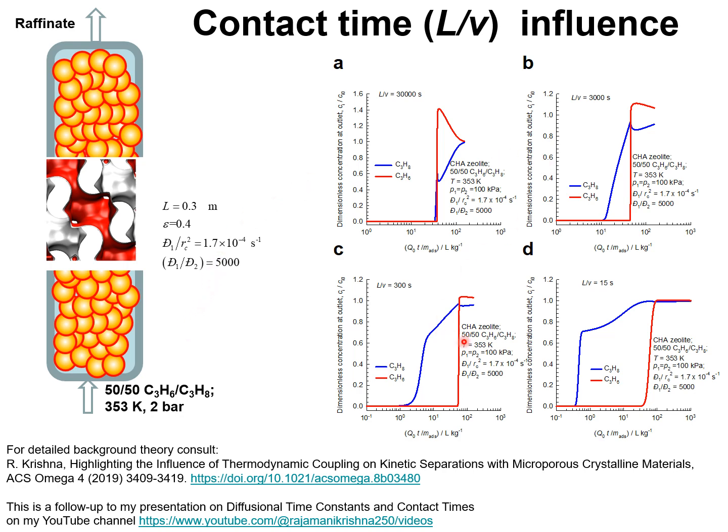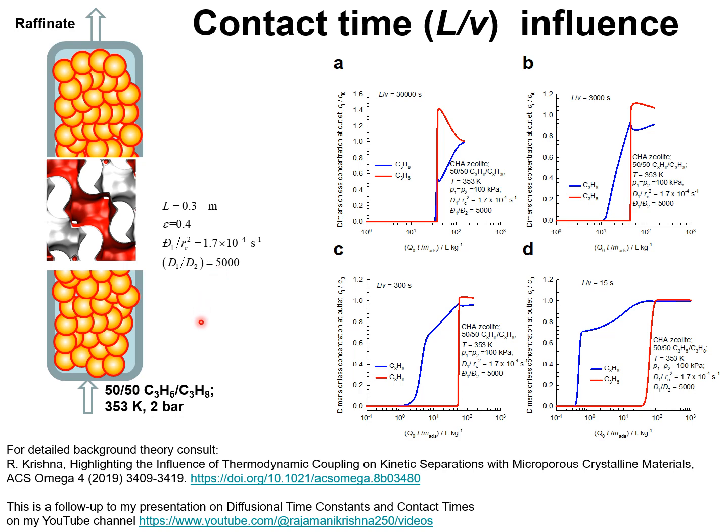I consider a set of 4 simulations for a fixed bed of length 0.3 meters, this is the length of the packed bed, the bed voidage of 0.4, and the crystallite size is held constant such that the diffusional time constant for propene, that is the Maxwell-Stefan diffusivity for propene divided by the square of the crystallite radius, is 1.7 times 10^-4, and the ratio of the diffusivity of propene to propane is constant at 5000.